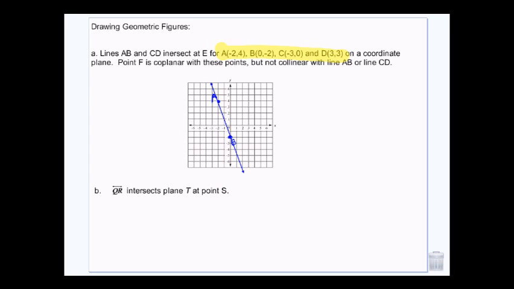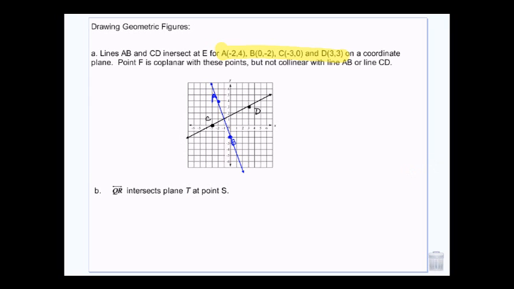And then I'm going to do point C, which is -3, 0, and point D, which is 3, +3. So I'm going to go ahead and label those. And I'm going to draw my line. Okay.